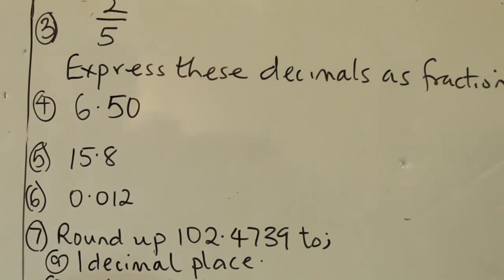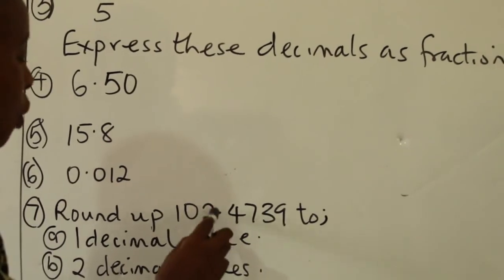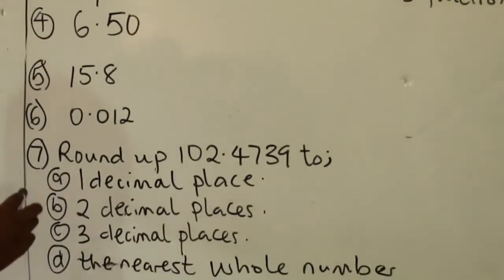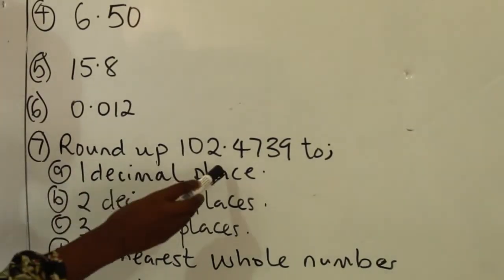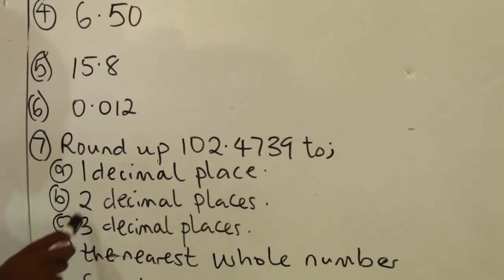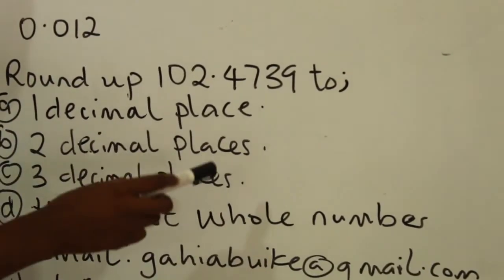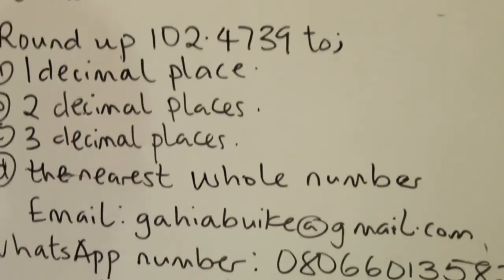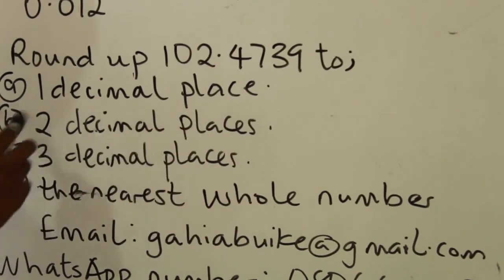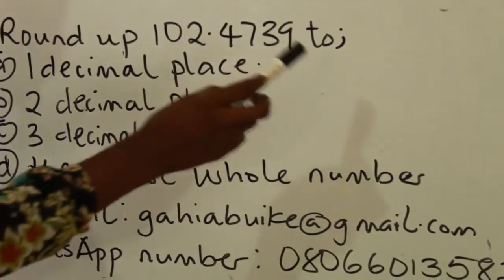Number 7, round up 102.54739 to A, 1 decimal place, B, 2 decimal places, C, 3 decimal places, and D, the nearest whole number.